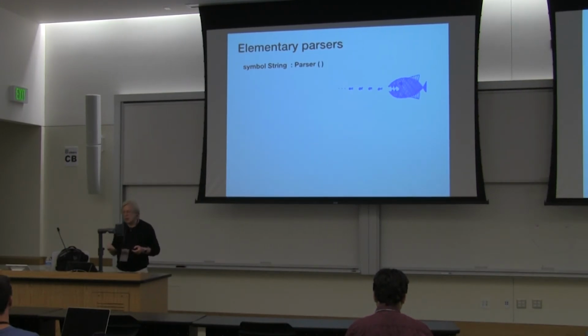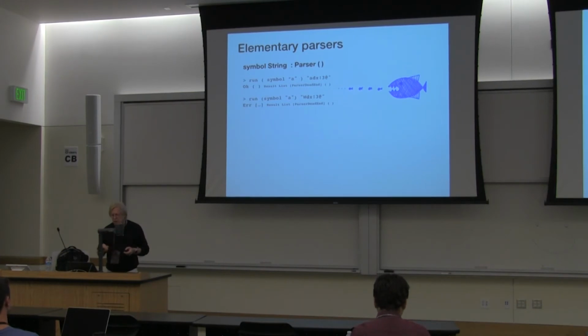It takes a string as an argument. It produces a parser for the unit type. If I run the symbol A parser on the string ADX blah blah, the parser succeeds and it returns OK unit type. So this just signifies that the parser succeeded. It doesn't return any information. It just tells you that it succeeded.